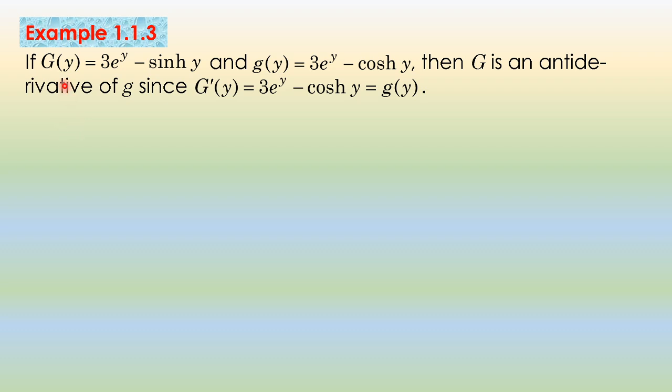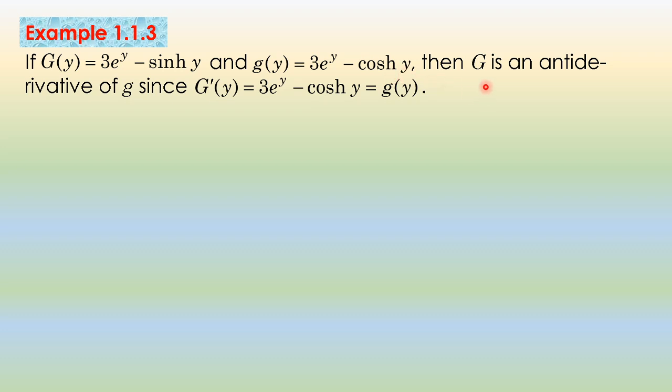Let's suppose big G of y is equal to 3e to the y minus hyperbolic sine y, and small g of y is equal to 3e to the y minus hyperbolic cosine y.